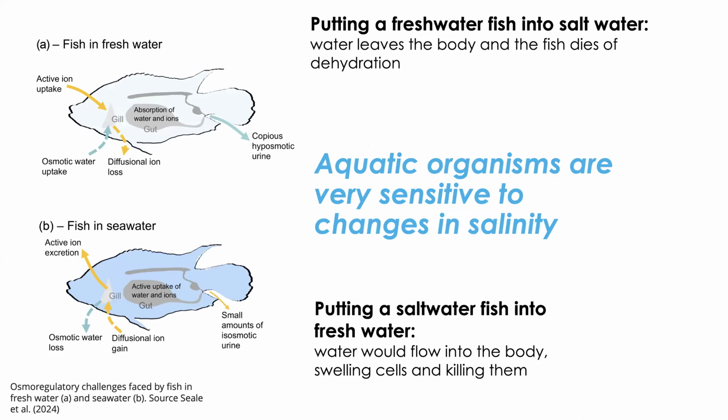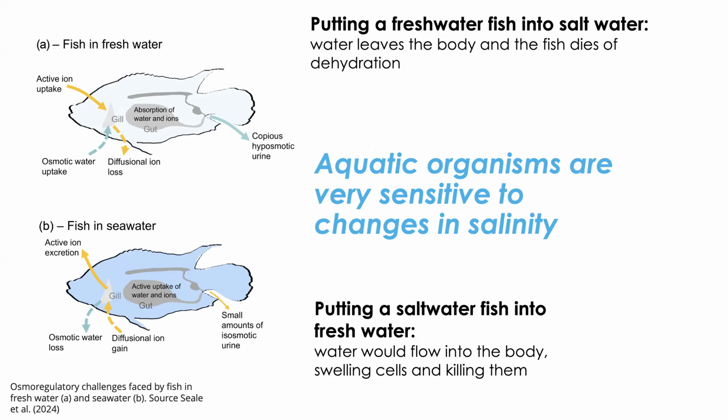And the big thing with salt is that all of the species in our Midwest lakes have evolved to live in really fresh water. And what happens if you were to put a saltwater fish into fresh water, it takes up the surrounding water differently than a fish evolved to fresh water.